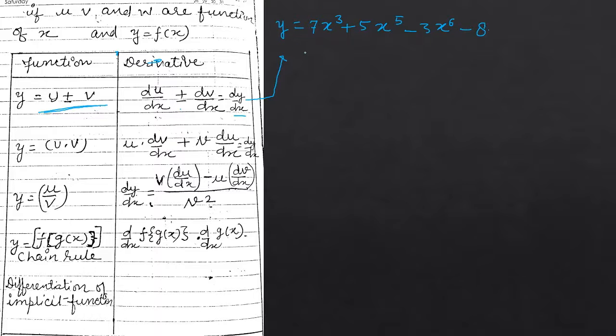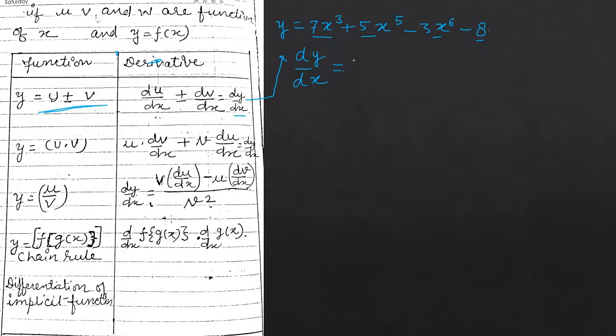We have to calculate differentiation of y with respect to x. Then what will we do? We will do separately differentiation of this term, this term, this term, and this term, all with respect to x, right?